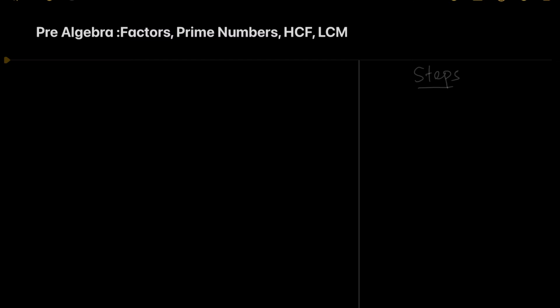So, what is the highest common factor again? The highest common factor of a certain set of numbers is that one single number that is common, the highest common single number that can stand as a factor for all the numbers. So, assuming you have 64 and then you have 48, right?